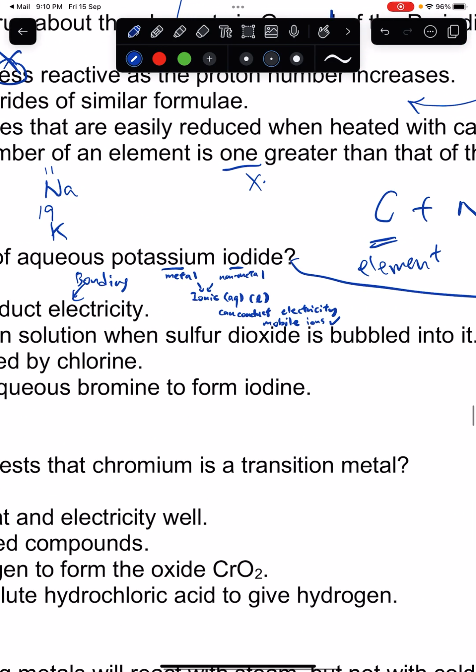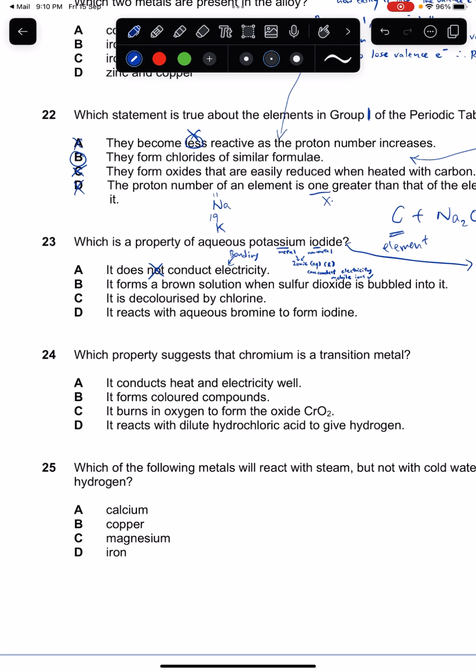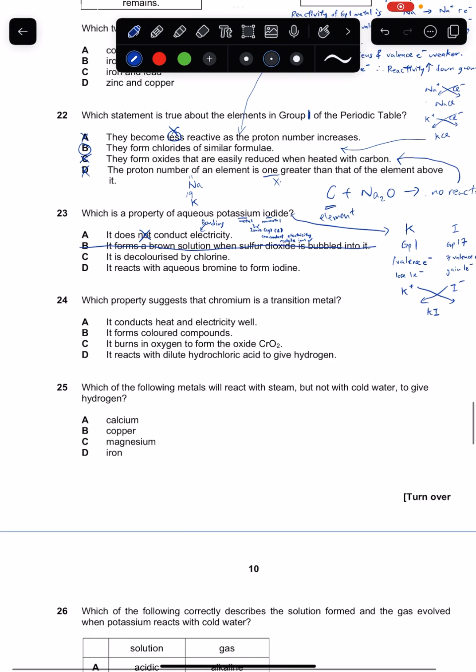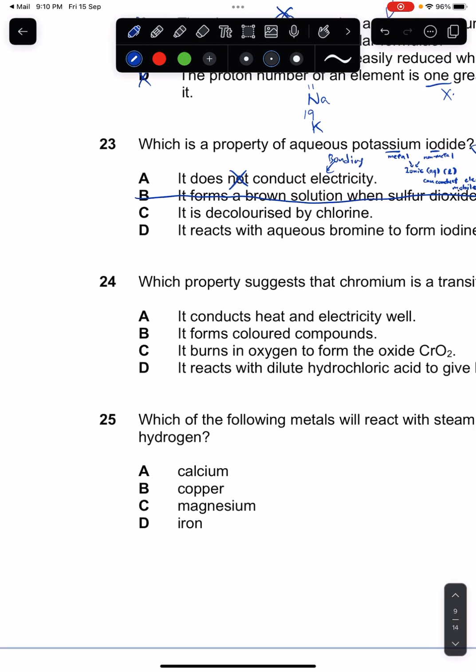Okay, let's look at option B. Brown solution with sulfur dioxide. Okay, you cannot do option B because we don't learn it. Option C. Option C is interesting. Why? Chlorine. So you have Cl2 plus KI. You recognize, right? This is an element.